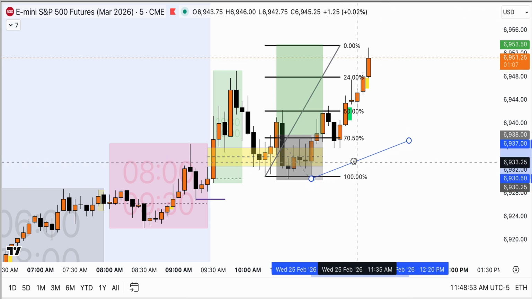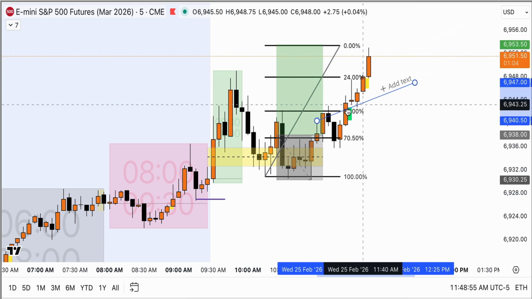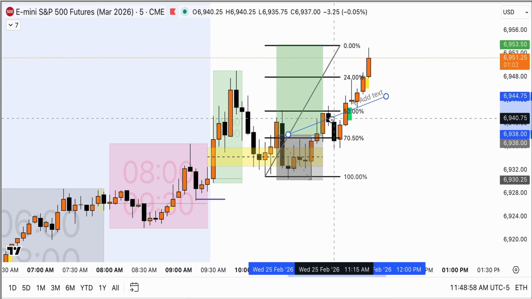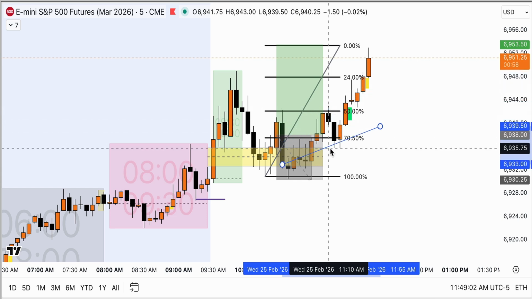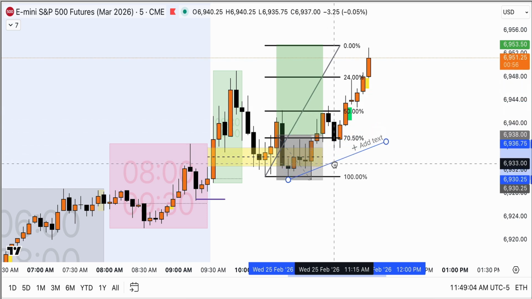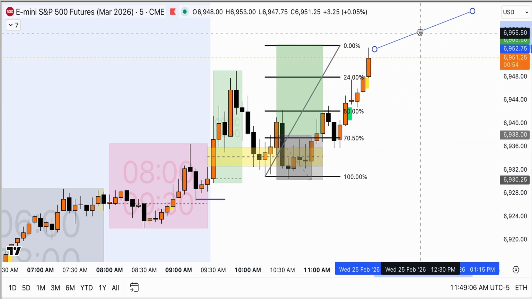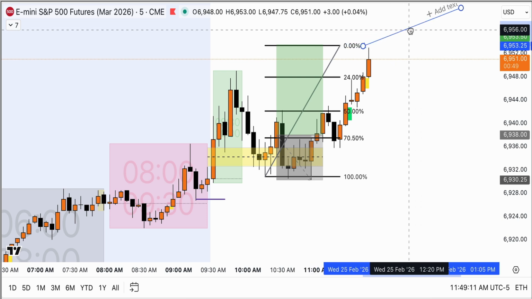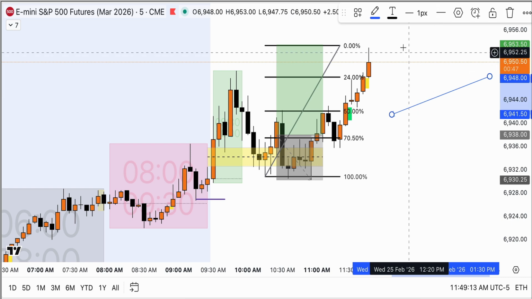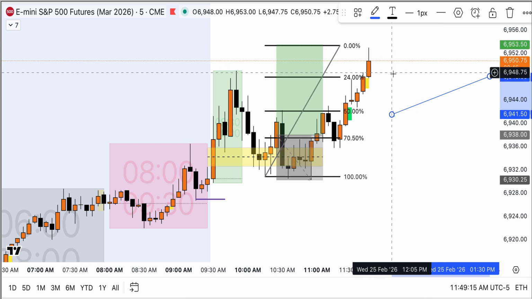But managed to escape. That's just because I took the entry right here. Once I saw that market structure shift, price did come down, and went very close. We are now tapping into our TP, so I'm pretty much good to go here.